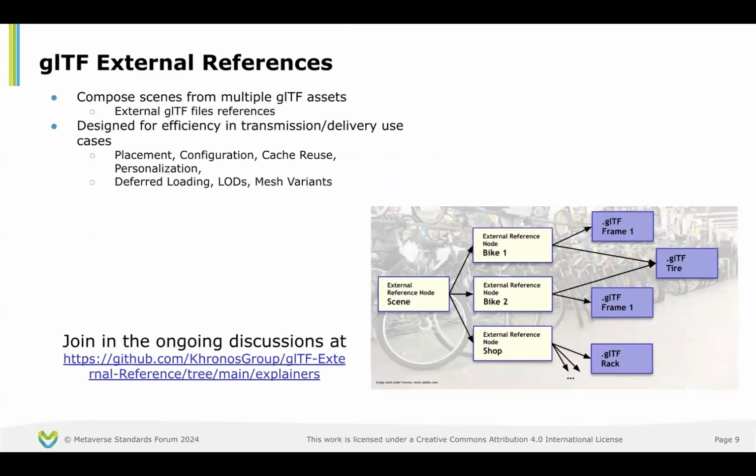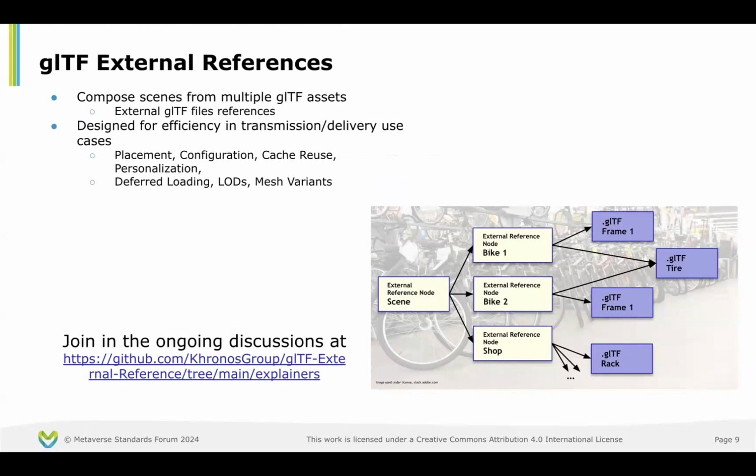This is a big topic. So, external references. Yes, we've been discussing this for at least a year plus. The spirit is pretty much obvious: we want to combine multiple glTF assets in complex scenes, and we want to make this efficient. We don't want to solve all the problems along the way.